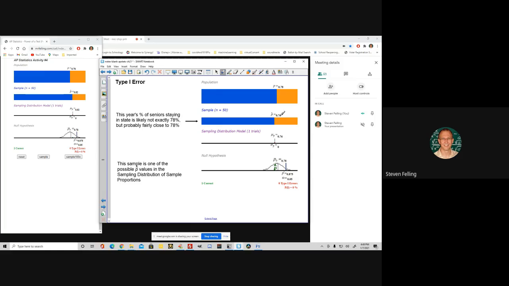You're going to get some other value because we know at the sample level, it changes every time I take a sample. So I get my p-hat value here, which is represented as a dot. Okay, and that sample is just one of the possible samples, right?